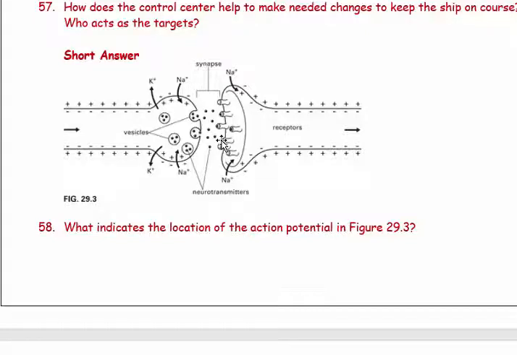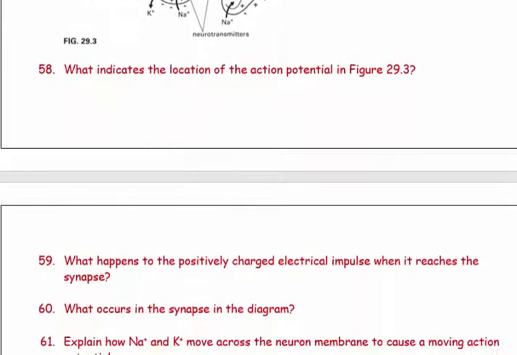Number 59. What happens when the positively charged electric impulse reaches the synapse? The electric impulses that have traveled down the axon to the terminal on the left have stimulated the vesicles to release neurotransmitters into the synapse.